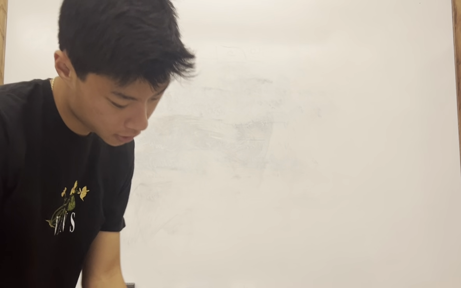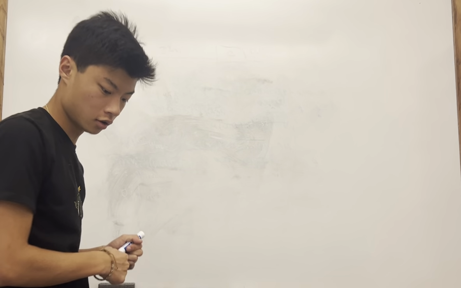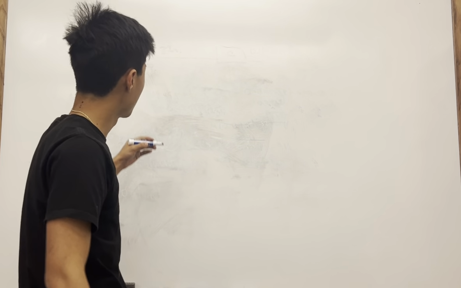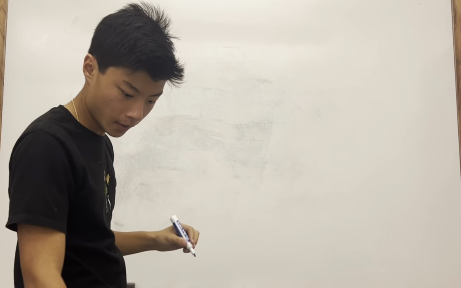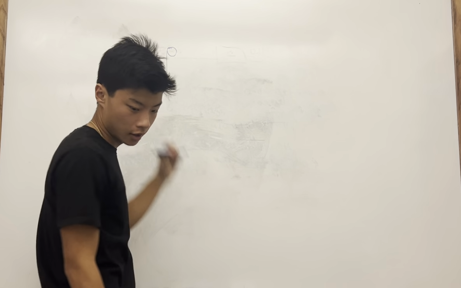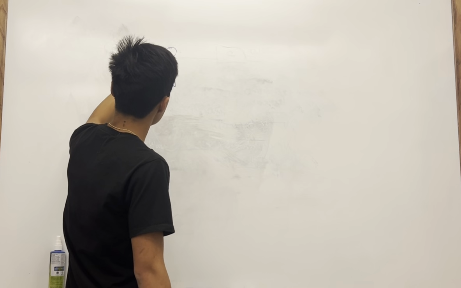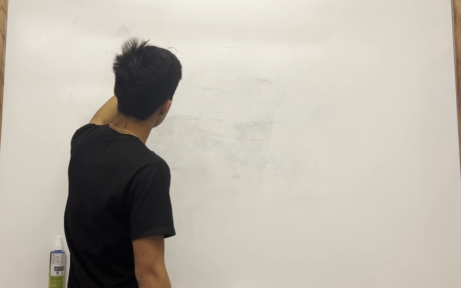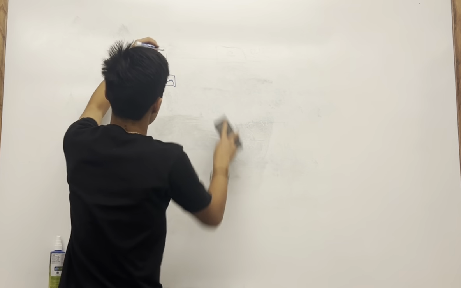Okay, second one. We have a massless string slung over a massless and frictionless pulley, with mass 1, which is 2 kilograms. Oh, I drew that way too big. Let me just make this bigger.